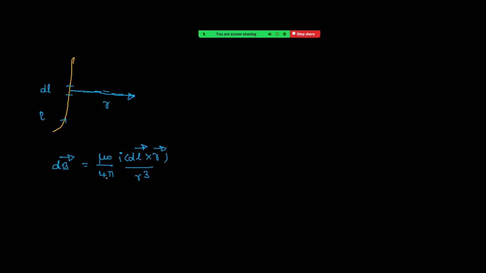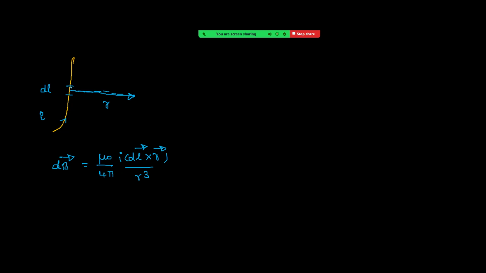That is given by mu naught upon 4 pi I into dl bar cross r bar upon r cube. So from this we can say the direction of dB bar is given by dl bar cross r bar. We know how to get the direction of a cross product. In a cross product, the direction is normal to the plane containing both vectors.